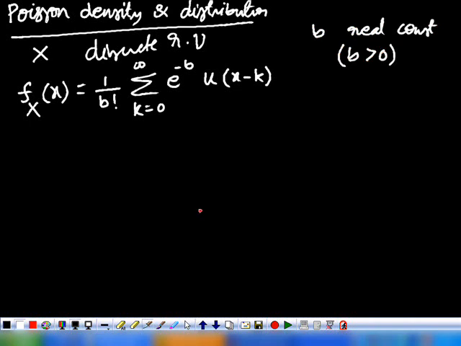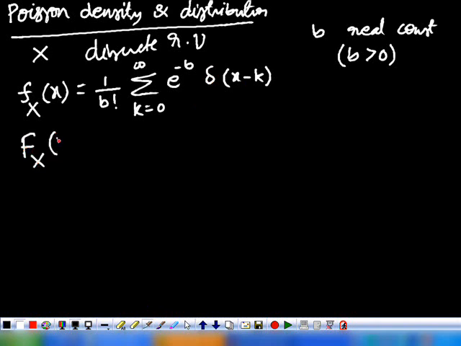So this is one of the standard density functions, which is termed the Poisson density. Sorry, it should be delta. Why? Because it's a density function. Always remember, in case of a discrete random variable, the density function is represented in terms of impulse functions.